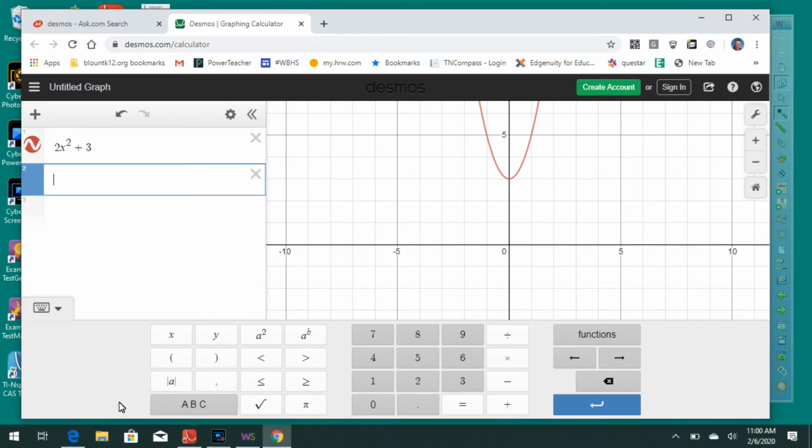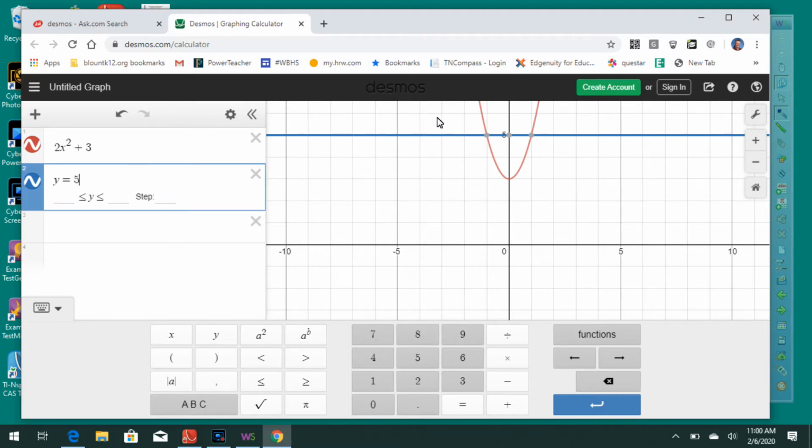Yeah, 5. Maybe we need to put y equals 5. Y equals 5. And that put it in there. And then you can find that spot, negative 1 and then positive 1. So that's another way to do it.